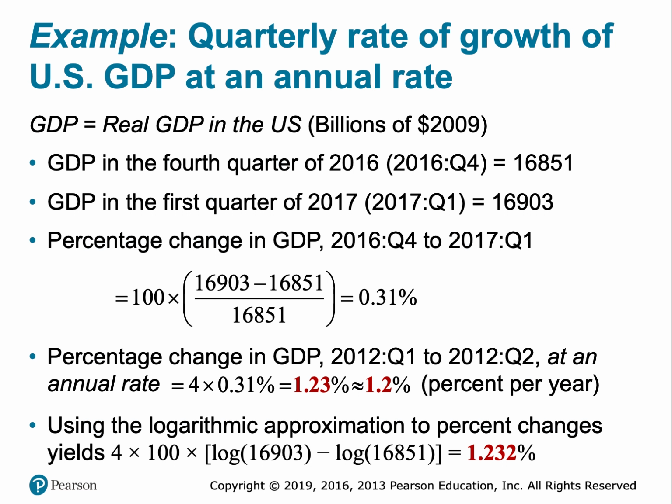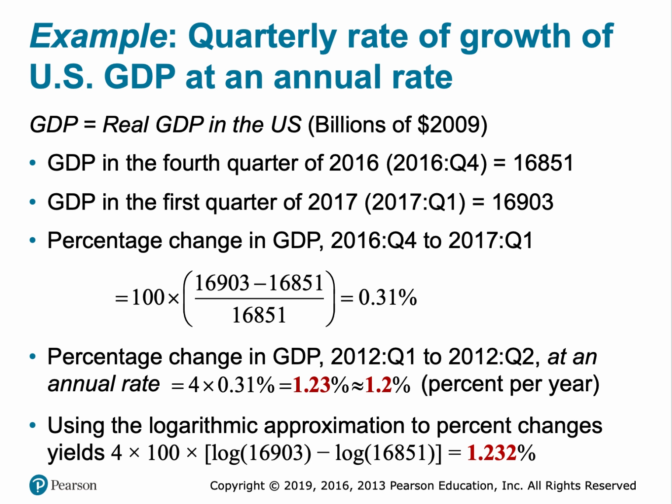Let's look at an example. Thinking about gross domestic product, this is the total value of goods and services produced in the United States within a given year. And we're thinking about real gross domestic product in billions of 2009 dollars, so this has been corrected for inflation. Gross domestic product in the fourth quarter of 2016 was $16 trillion, $851 billion.